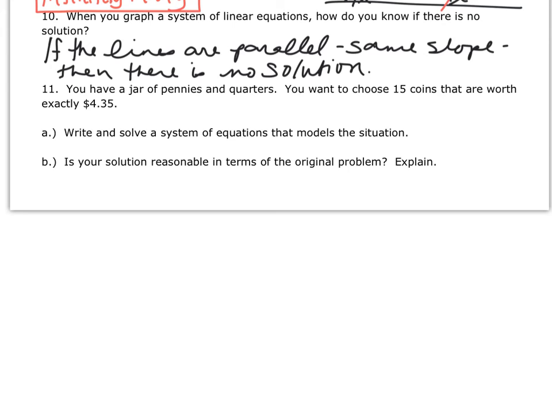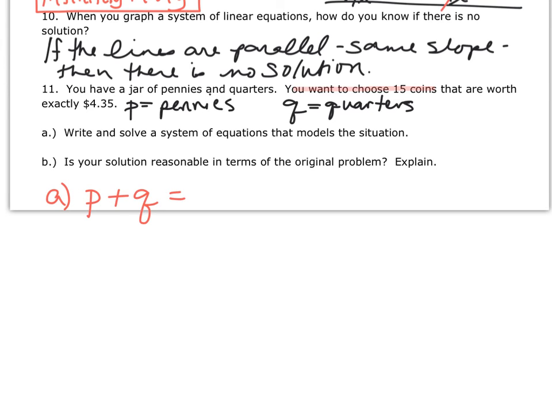P and Q? I love it. So P is going to be the number of pennies. Q is going to be the number of quarters. All right. So what's my first equation? It says, what's the total number of coins I have? 15. So my first equation, I'm going to say P plus Q equals what? 15.